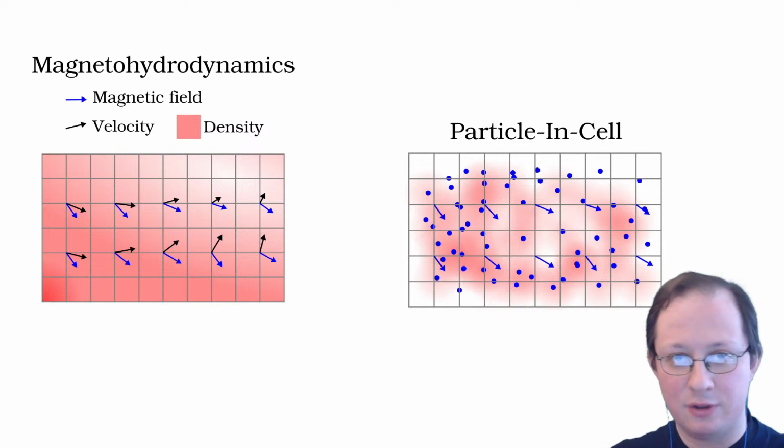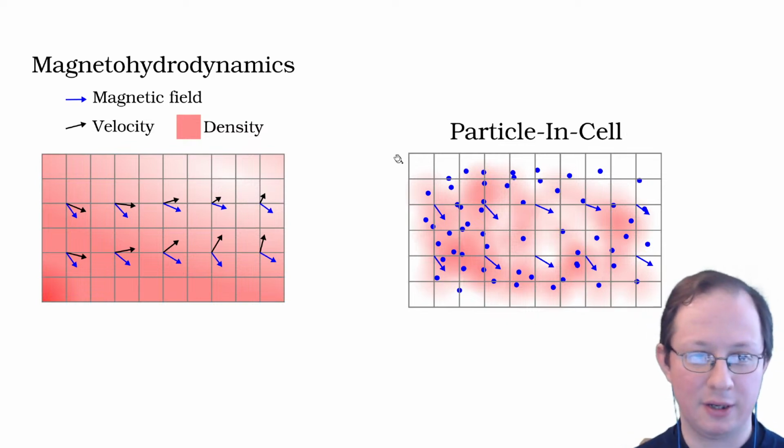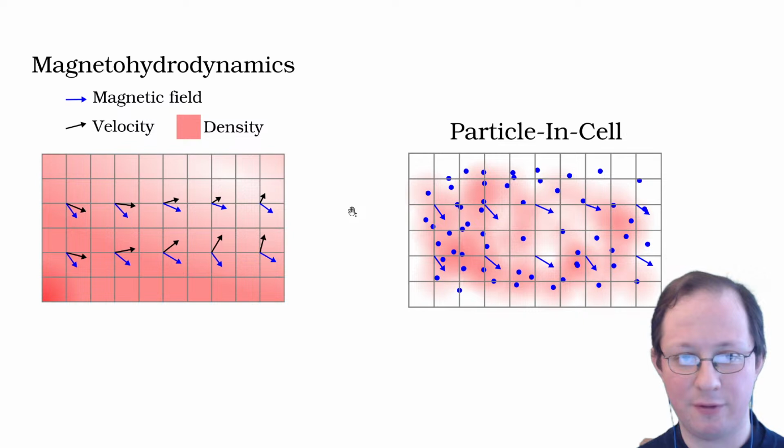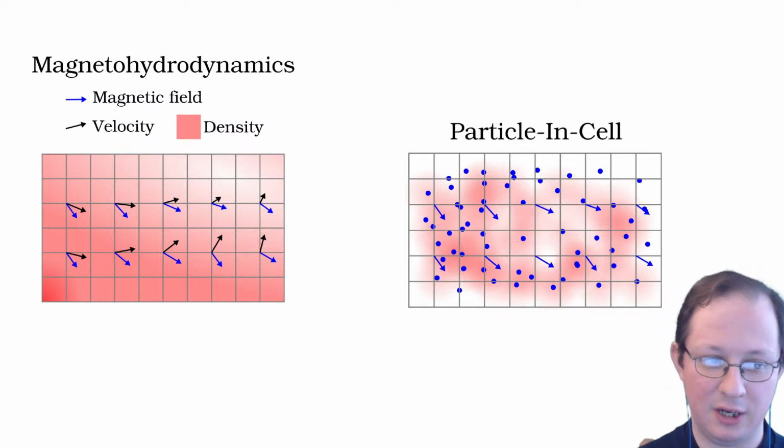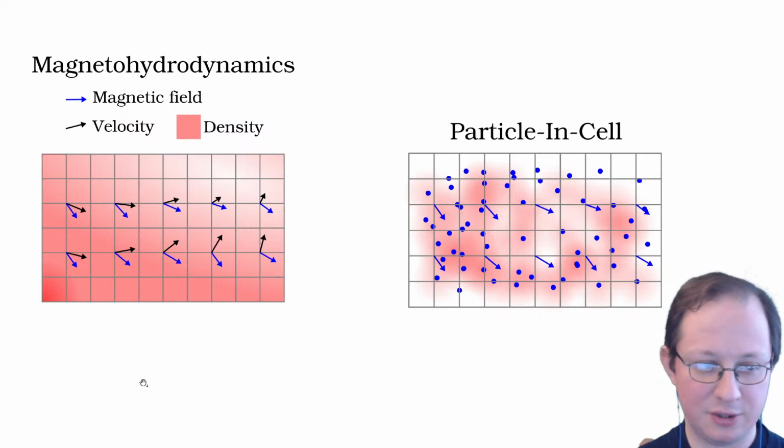You have electrons and protons or other ions. So you'll have long-range forces, like, for instance, the magnetic field. If you had a magnetic field, you would be going for magnetohydrodynamics, which is like the CFD, but you now have a magnetic field at each point as well as a velocity, which may or may not be aligned with each other.